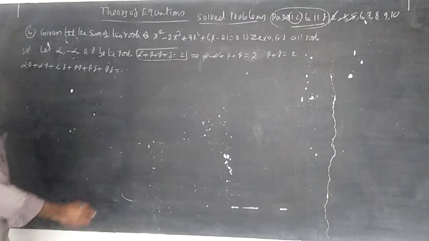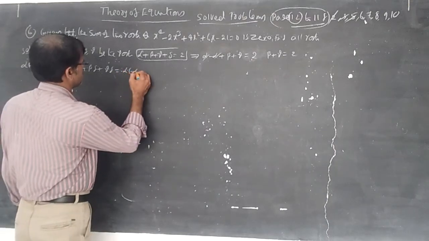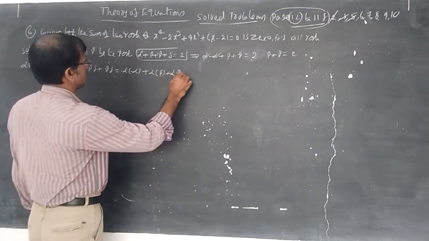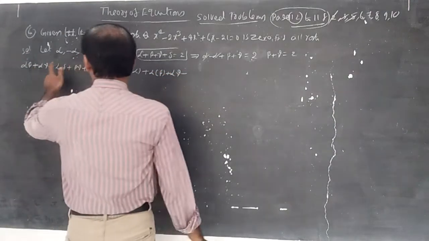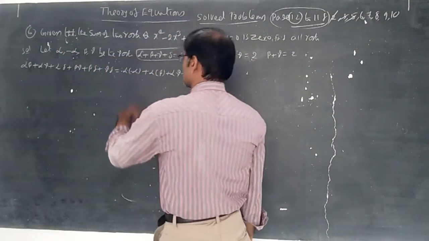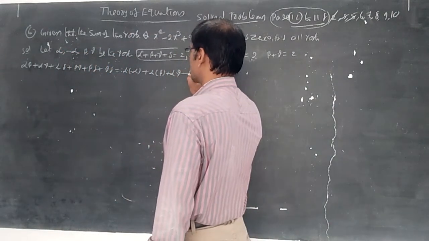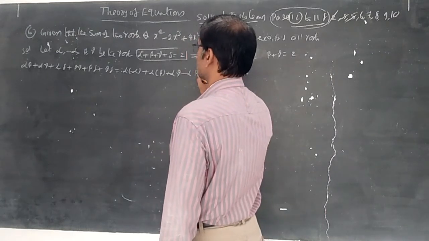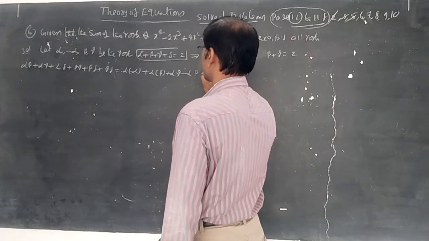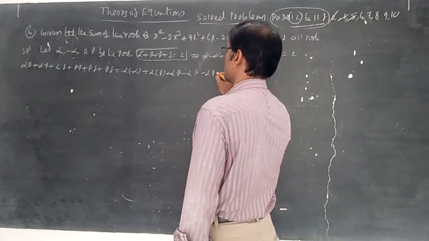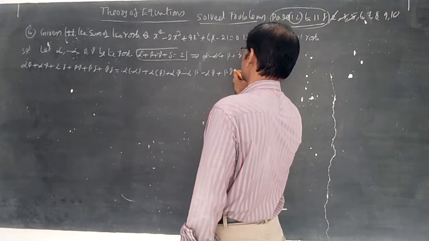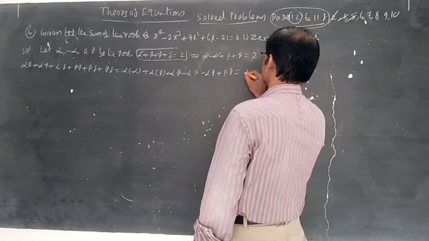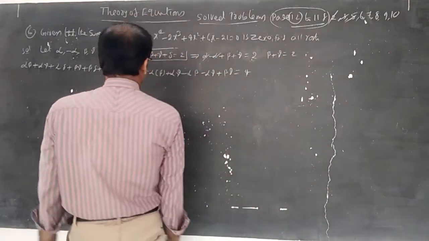Using the concept, we can write alpha into minus alpha plus alpha into beta plus alpha into gamma, then minus alpha beta, minus alpha gamma, plus beta gamma is equal to 4.